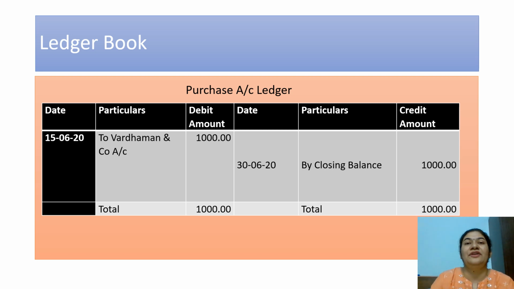So there will be several entries throughout the month, throughout the year. On the right hand side, there is "By closing balance". Here I'm taking the balance as on the end of the month, that is 30th June, and it will be 1000 rupees in this example.